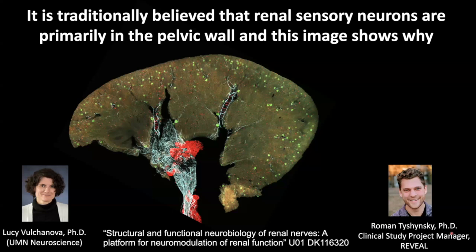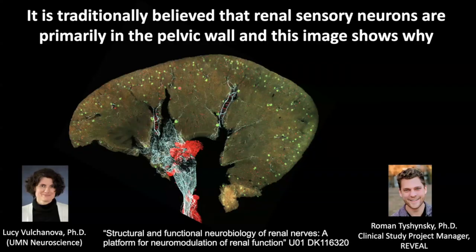So now I like to use this image because this is a kidney, it's not a brain, even though you have a cortex up here and you have a medulla down here. This is a cross section of a kidney, and the blue staining are sensory fibers. And classically, using older techniques, you would see a lot of this in the pelvis, not so much in the cortex.